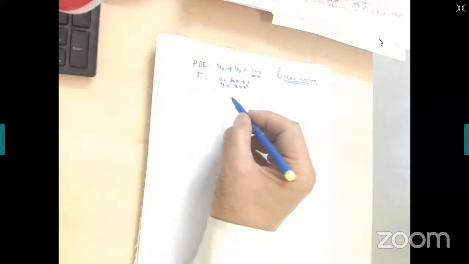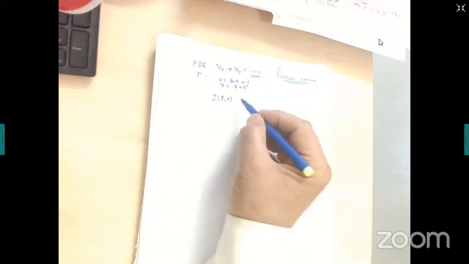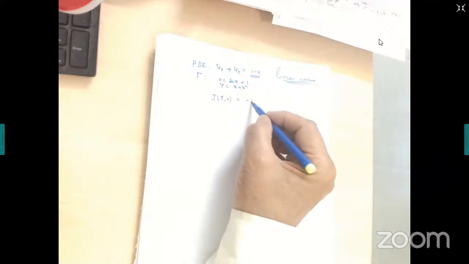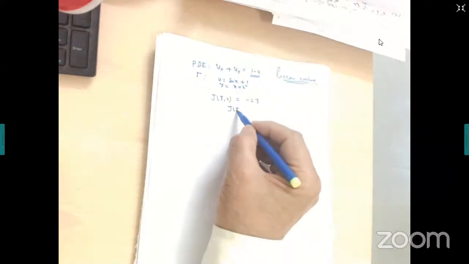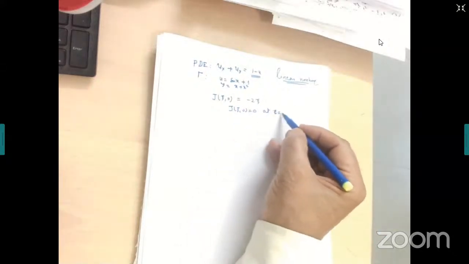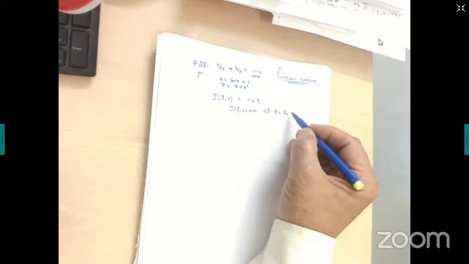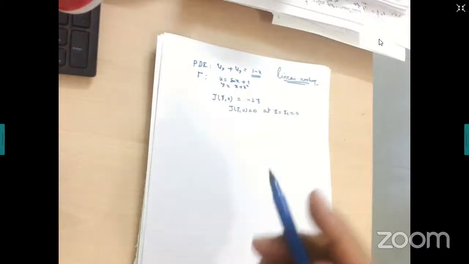J, of course, remains the same as we determined earlier, because u does not come into the picture. It is very clear that j at xi naught is 0, at xi equal to xi naught equal to 0. So xi naught is the only point where the Jacobian of the transformation vanishes.